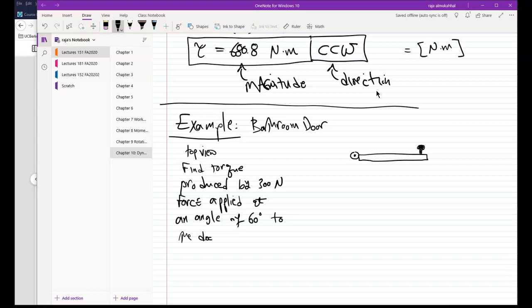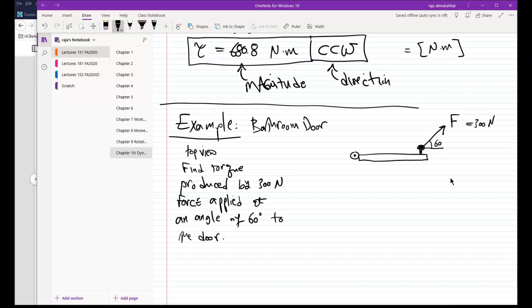I'll show you what that means. So the force is like that. This force is equal to 300 Newton, and the angle, again, it depends. Is the angle here or here? That's why it depends. Is it a cosine or sine? So the one given to us is this one.